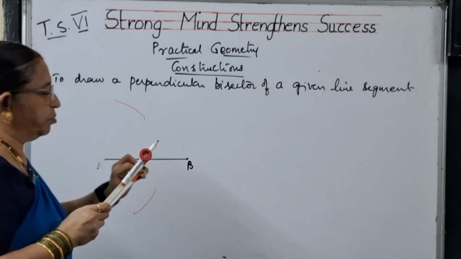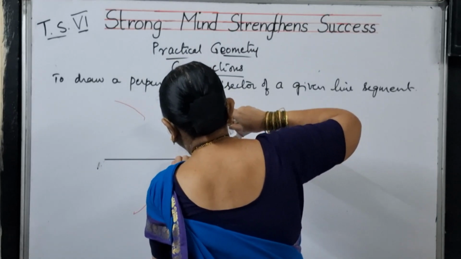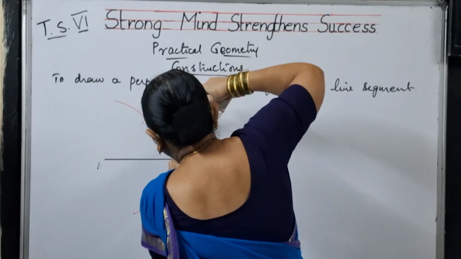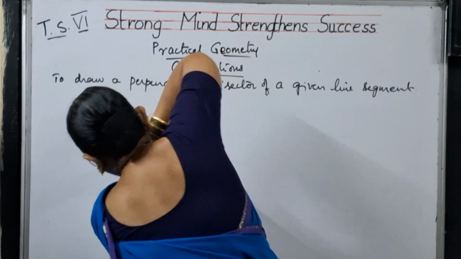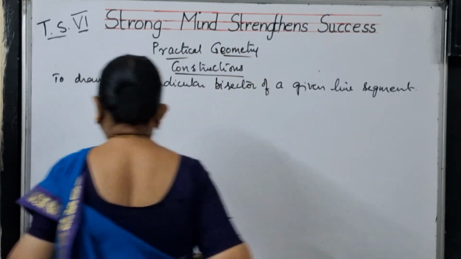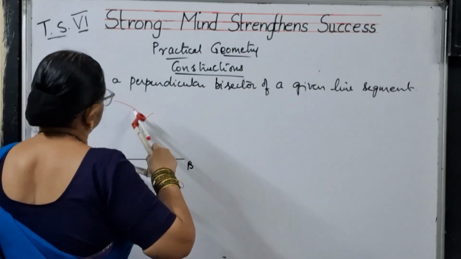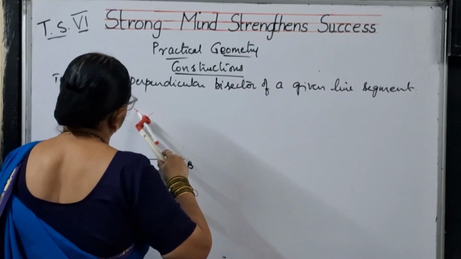Similarly, without disturbing this, B as a center, you have to cut this arc like this. So actually, my construction you may not get properly because of the board.